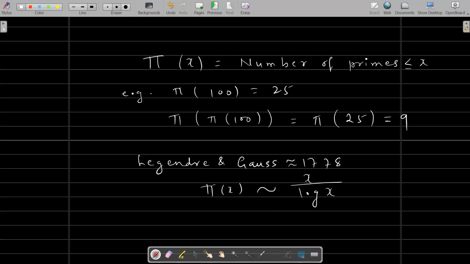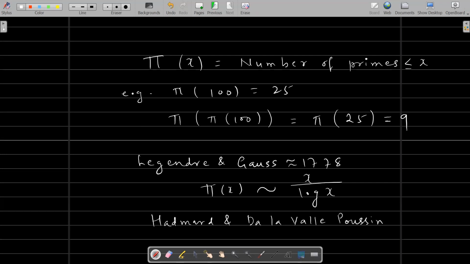They just stated the result based on observations, and later on it was proved. There was one more mathematician, I don't know how to pronounce the name, Poisson.